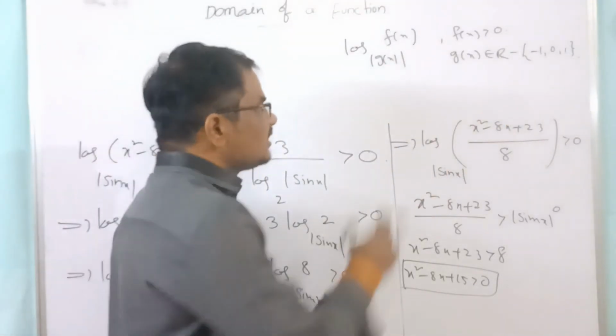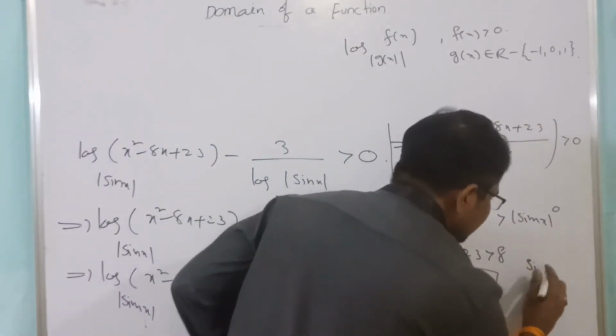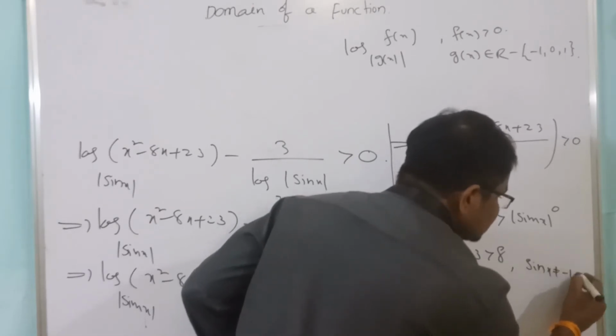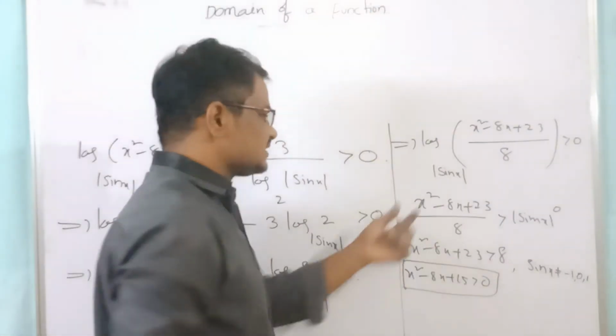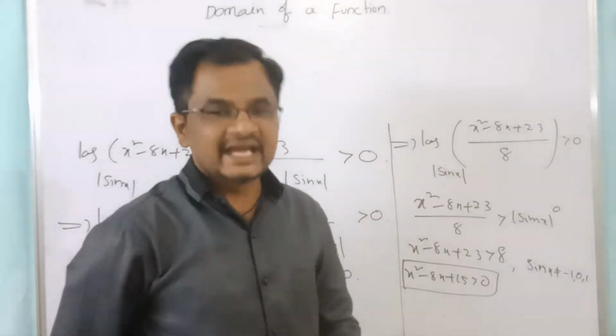So this is an important condition: sin x is not equal to −1, 0, +1, because in place of g(x), |sin x| is there.